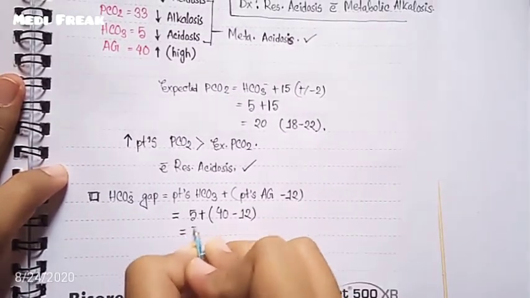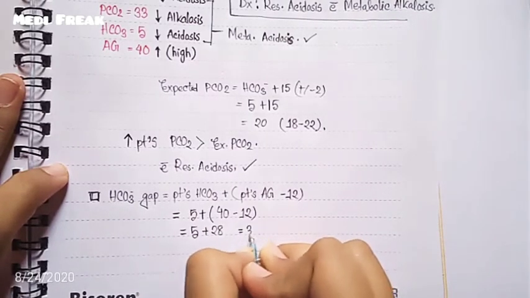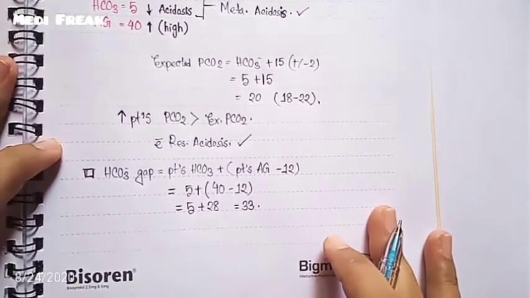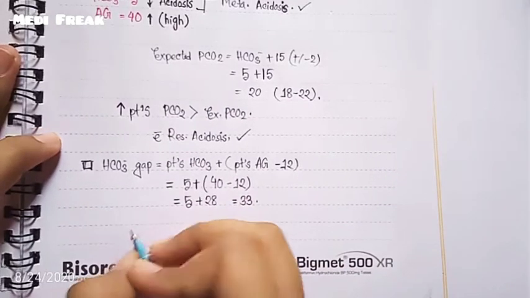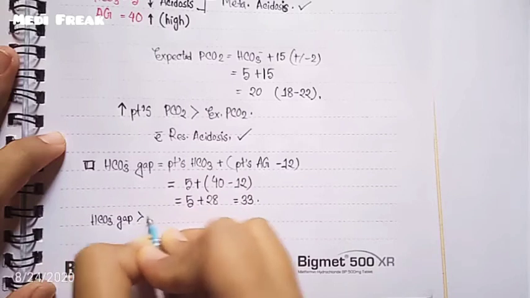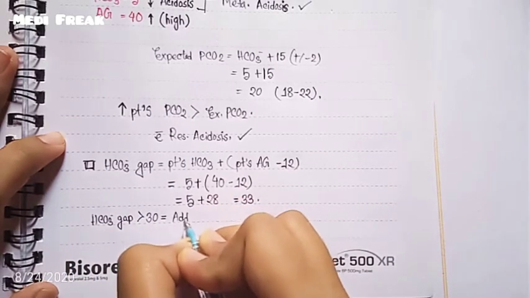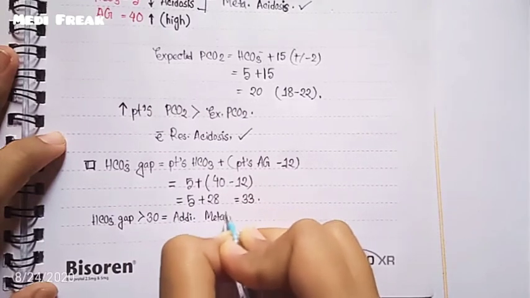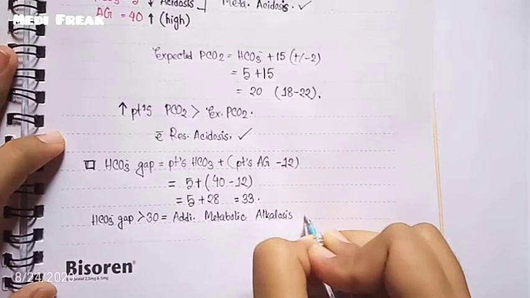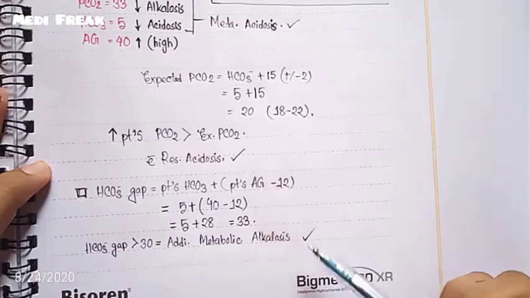Okay, so it is 5 plus 28, which is 33. Our bicarbonate gap is 33. So bicarbonate gap is greater than 30, so here is an additional metabolic alkalosis. Okay, so we found 3 problems here.